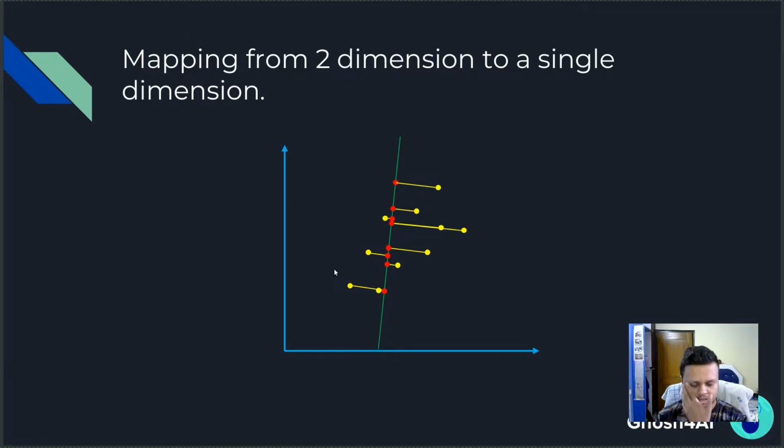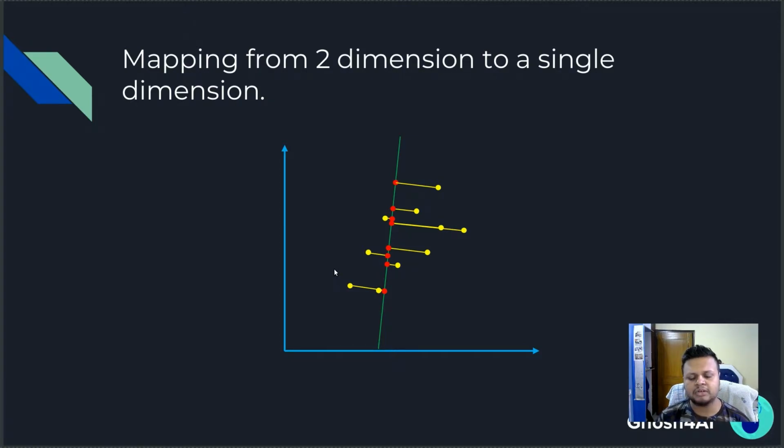What we desire is that these samples are as separated as possible in this new dimension. The reason is that if they are more separated, it's much easier to draw a straight line between them. If the samples are very much clustered together, then it's much harder to draw the straight line to separate these samples according to our need.